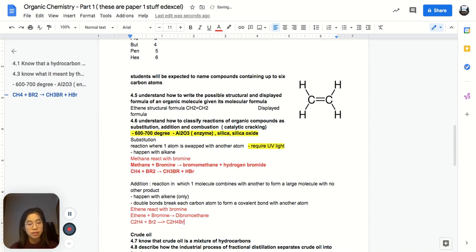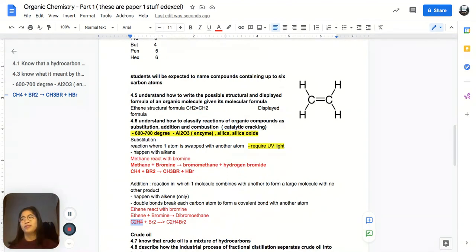And also guys, I am writing this as C2H4 right now, but in a question, in a test, you have to write the number at the bottom right of the letter. It's basically like to the power of, but instead of the power being at the top, you write it at the bottom.